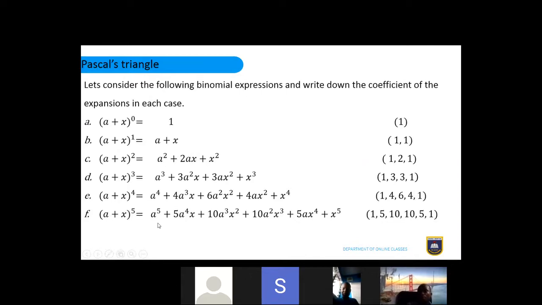That means we must have 6 terms. So when we count, we have 1, 2, 3, 4, 5, and 6. That is another observation we can realize. So when you have an expansion to do, consider the exponent; your number of terms in the expansion should be 1 more than the exponent.